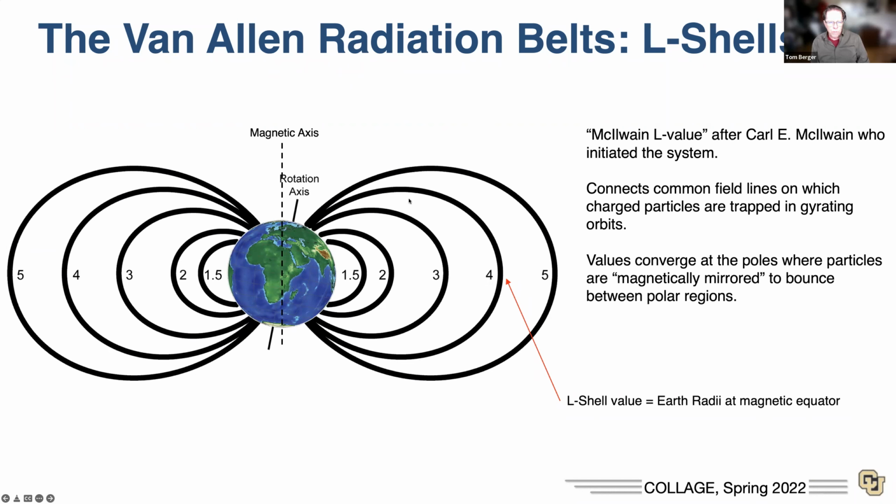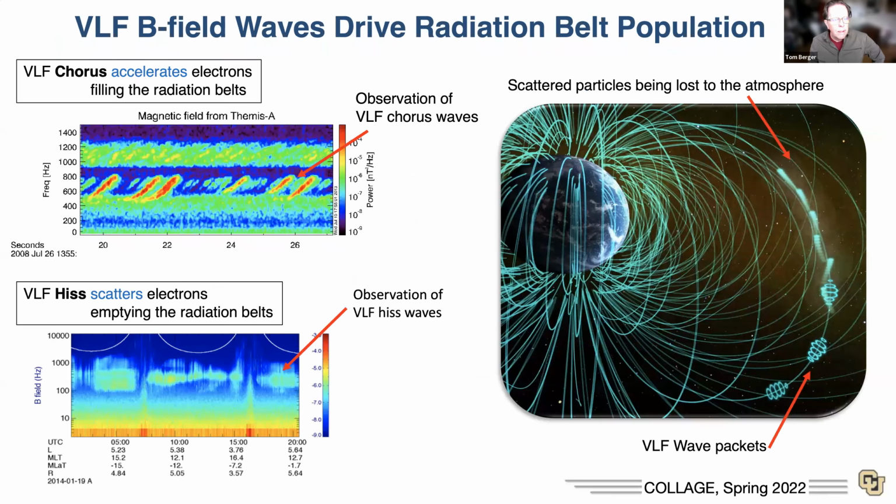But these lines follow in to the polar regions. So in the polar regions, you can go through many L shells very quickly. You'll see plots later of the L shell electron flux. So this is just yet another coordinate system to be aware of in use in magnetospheric physics.